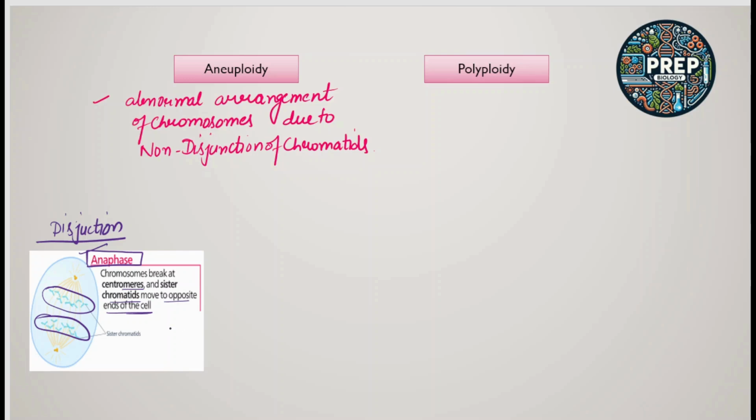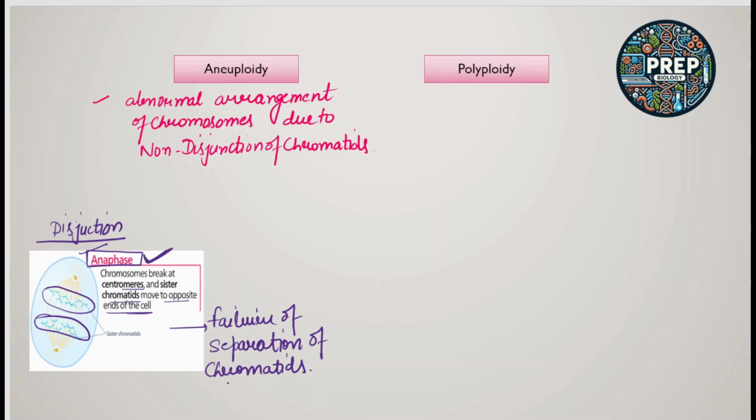So there is a failure of separation of chromosomes or chromatids during the anaphase of meiosis or mitosis.